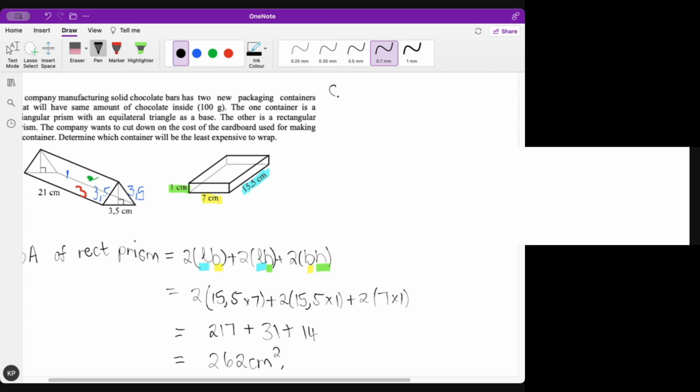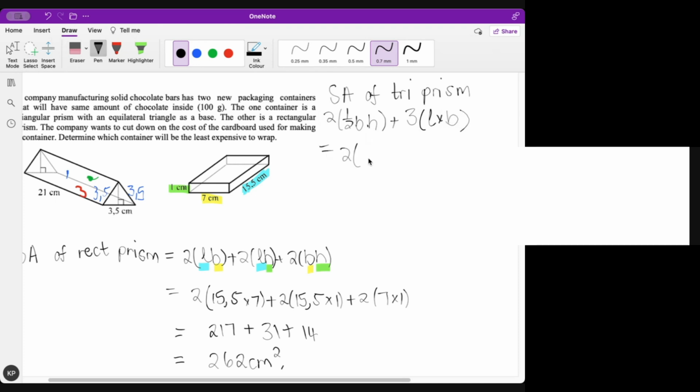We can just say the surface area of the triangular prism is 2 times the half base times height because of my two triangles, plus 3 times the length times breadth, because the length and breadth will just be the same.